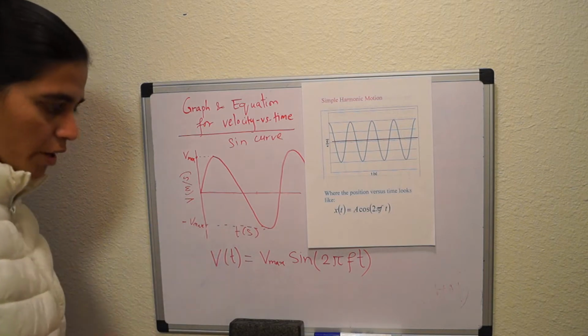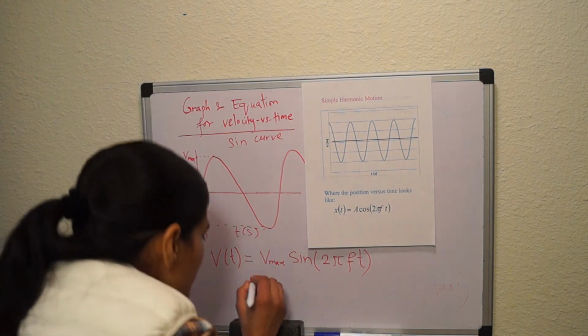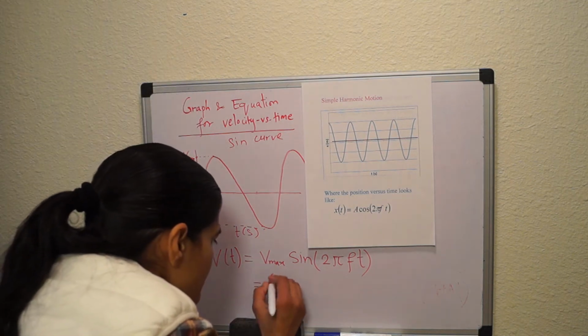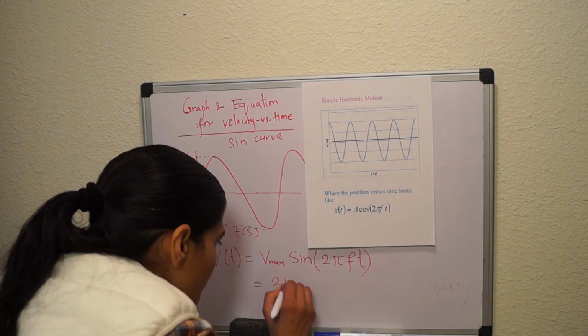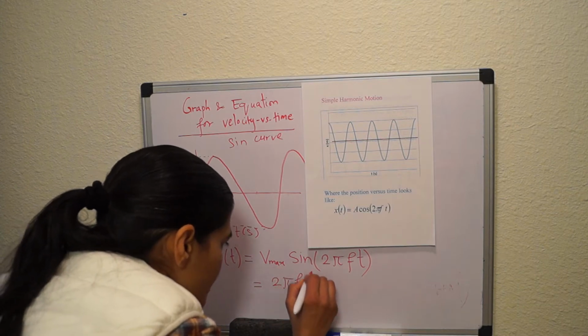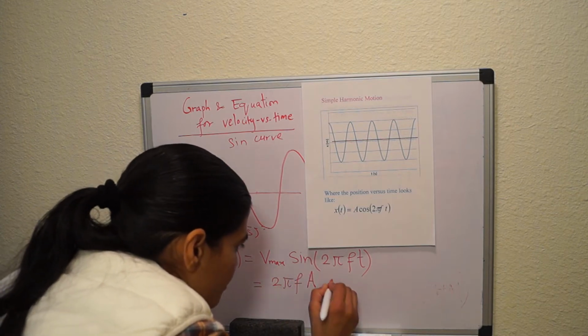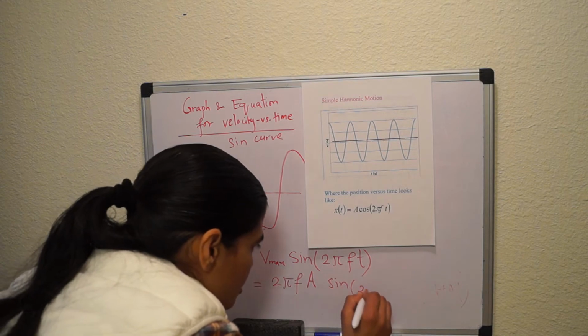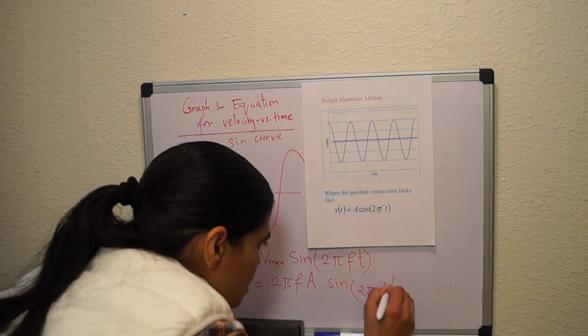Now this equation can also be written with v max being nothing but 2 pi f times A, the amplitude, and then we just have sine 2 pi f t here.